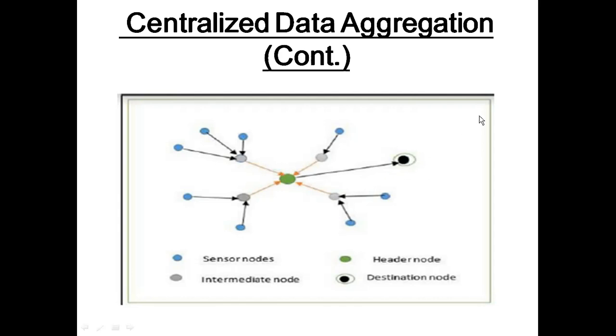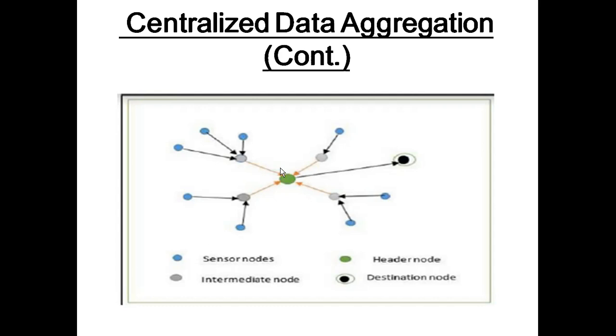The objective in this aggregation approach is to transfer the data to the destination, and it is processed using the intermediary nodes and the header. This is how centralized data aggregation is performed. Why do we call this approach centralized? Because all the data is centralized at the header node through the intermediary nodes, and then it is transferred to the final destination.